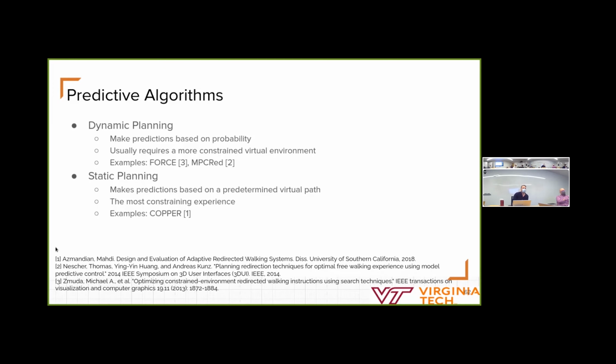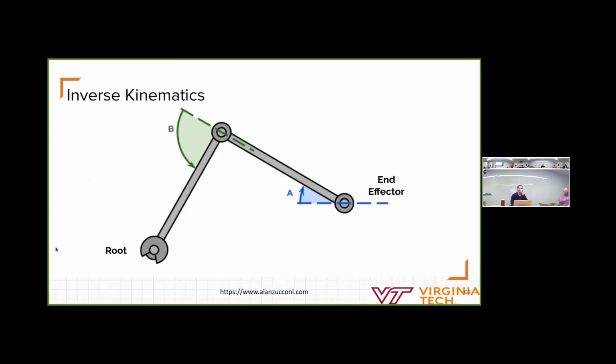When I first started planning out my dissertation, I figured we were going to do static planning. The example there, Copper, was created by an older lab sibling, so I thought I'd extend that and make it work. But then I came up with another cool notion that continues this theme of borrowing from robotics, and that's using inverse kinematics to solve the problem.